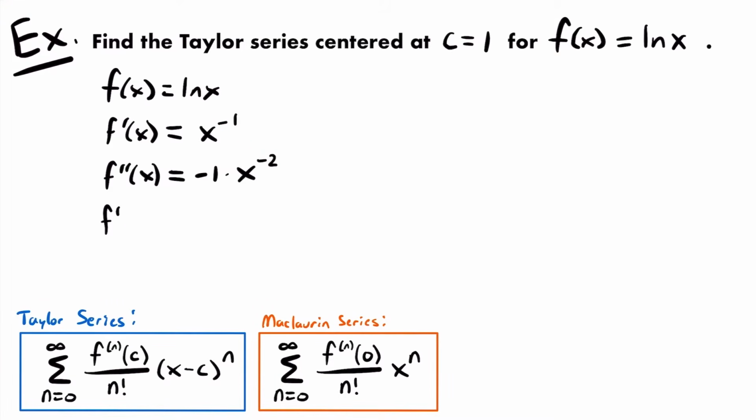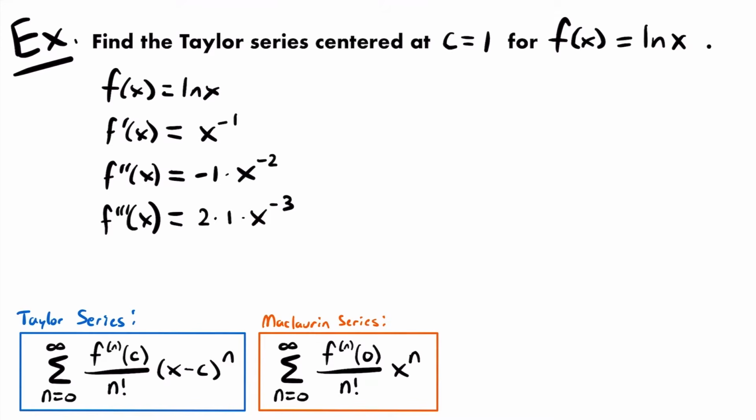Now f triple prime of x, the third derivative, is the derivative of the second derivative. We multiply that exponent down again, and we have negative 2 times negative 1. Those negatives cancel out, and we have 2 times 1 times x to the power of negative 3.